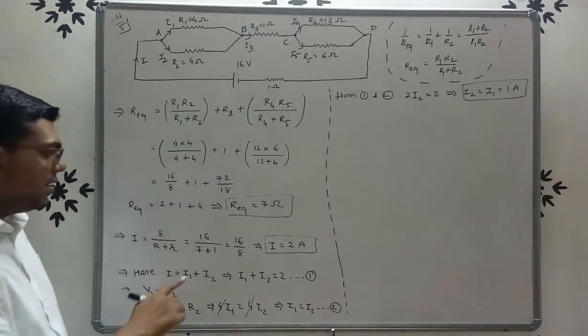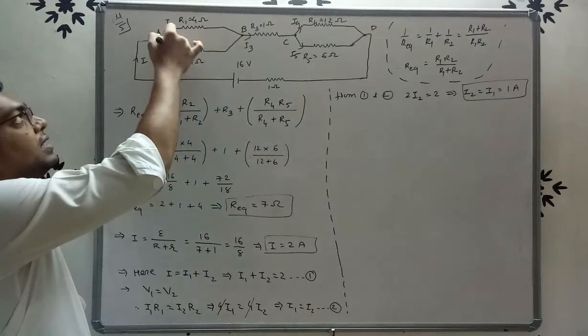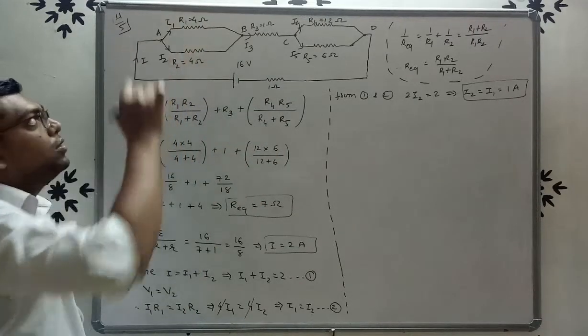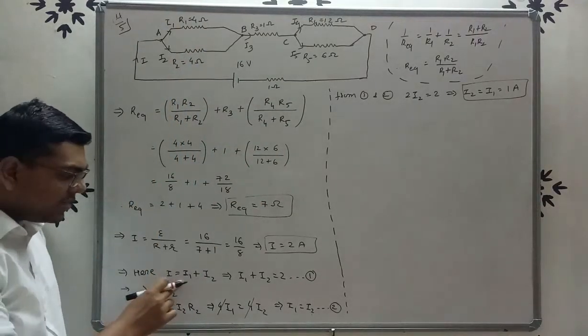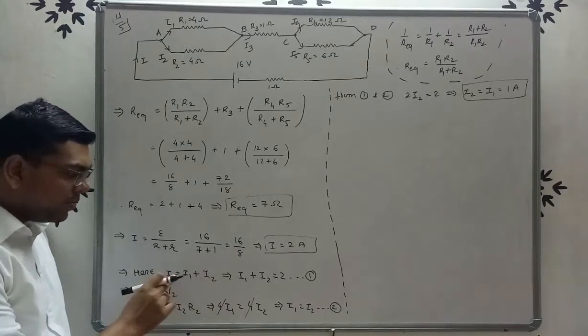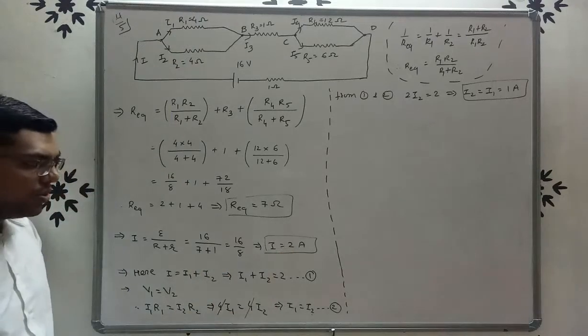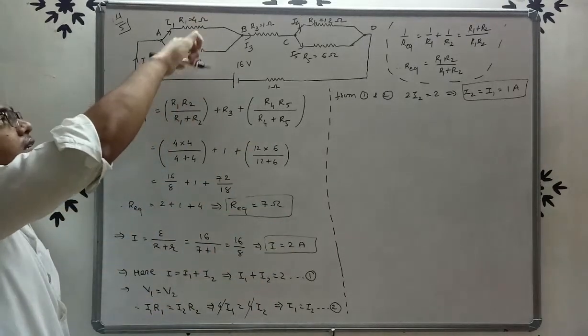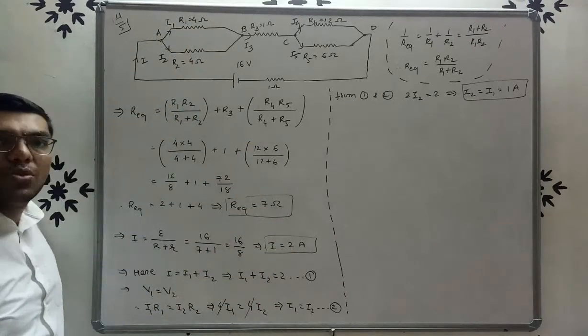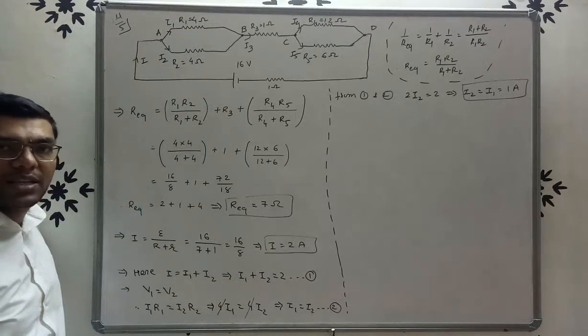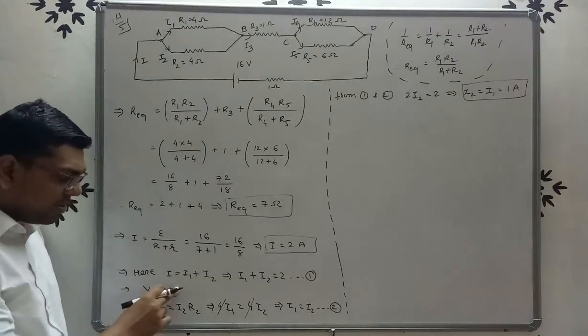Again friends, see here at point A the total current is I, which is divided into two parts. So I is equal to I1 plus I2, and we know the value of I is 2, so I1 plus I2 is equal to 2. These resistors are in parallel, so the voltage will be the same, so V1 is equal to V2.